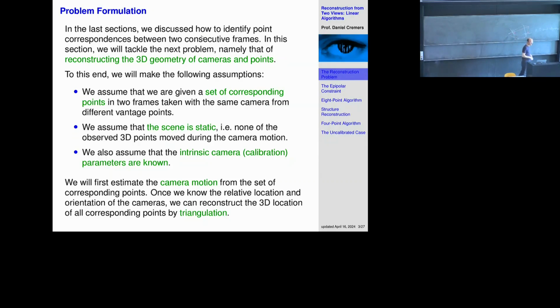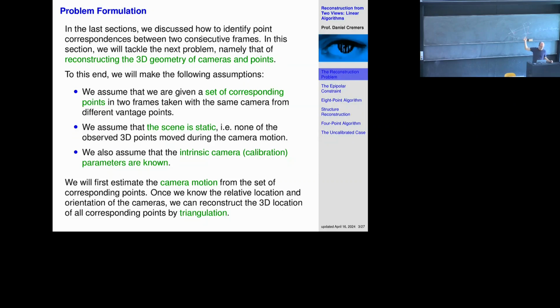And what we're looking for is, first of all, the 3D coordinate, large Xi, and the 3D coordinate of the other point, large Xj, and all of these, and the rotation and translation. So these 2D points we assume are known, and these are the unknowns.